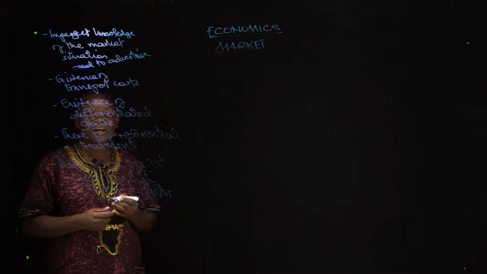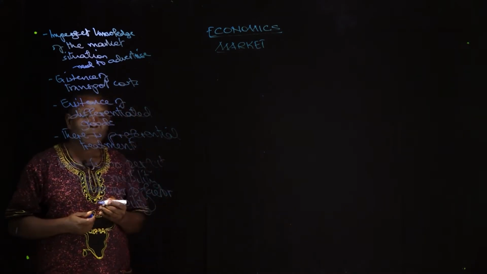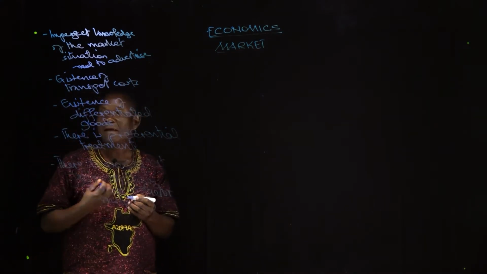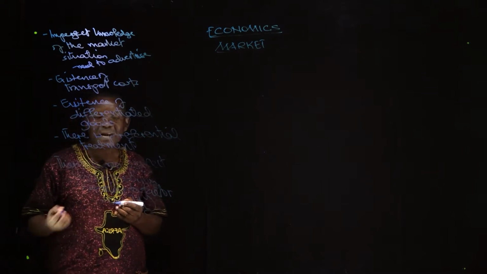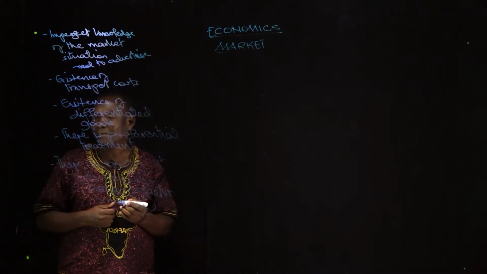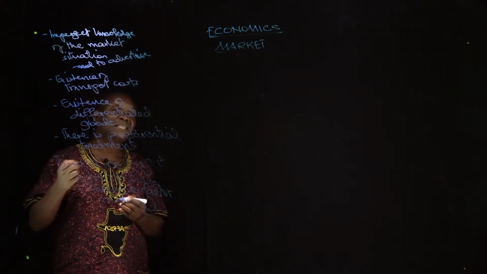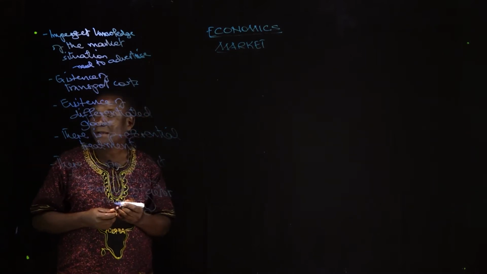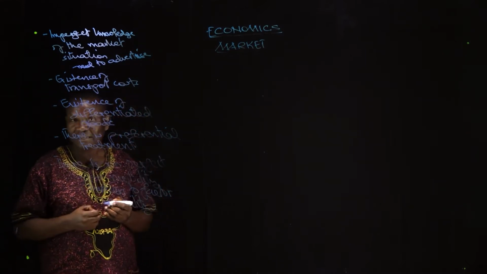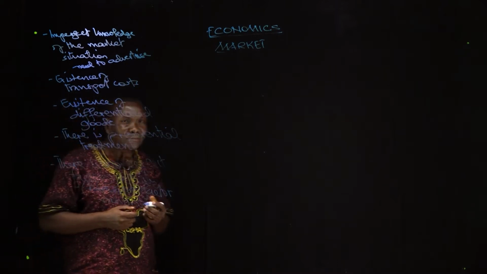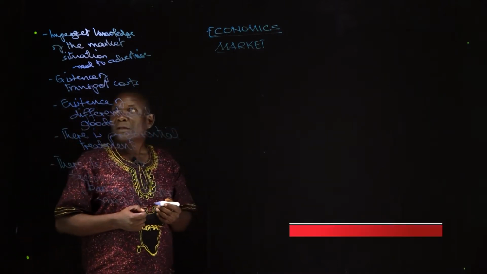I say the factors of production, land, labor, capital, are not freely mobile from one industry to another industry. This makes this market imperfect.